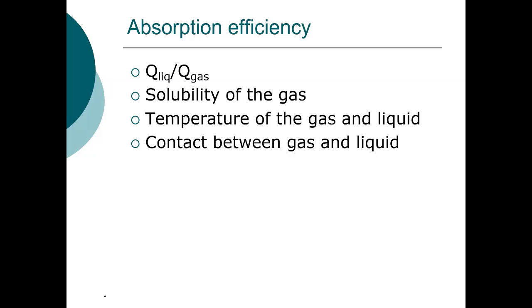The solubility of the gas will play a significant role also in the efficiency. We talked about temperature, both temperature of the gas and the liquid. And then the ability to contact, and we've talked about this in terms of turbulent flow. So all these are extremely important in terms of the efficiency, and we'll add surface area.